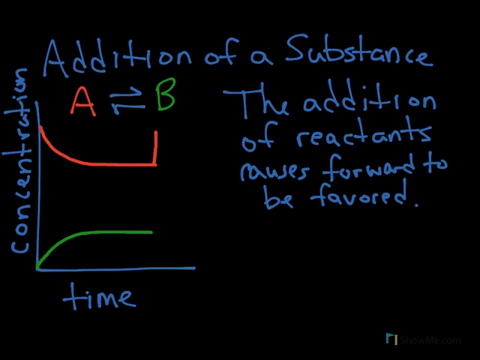If this forward reaction is favored, that means this reaction is going to progress to the right, meaning some of this newly added A has to turn into B. So what you'll see is that A drops again before ultimately leveling off.